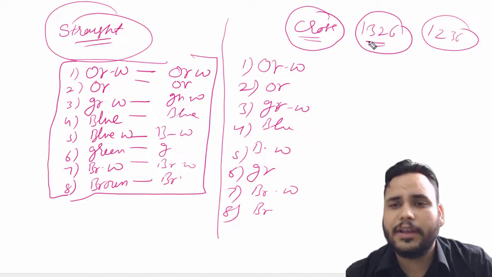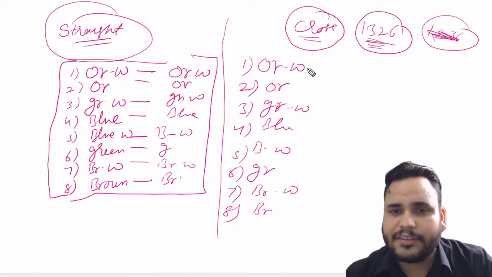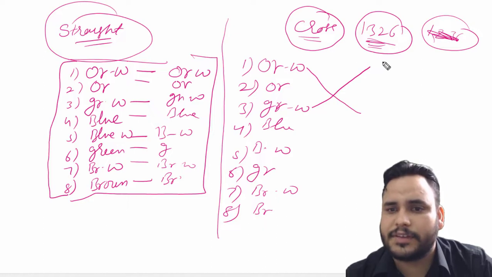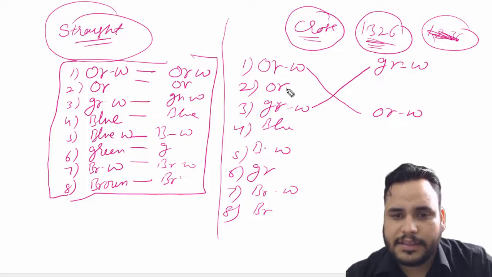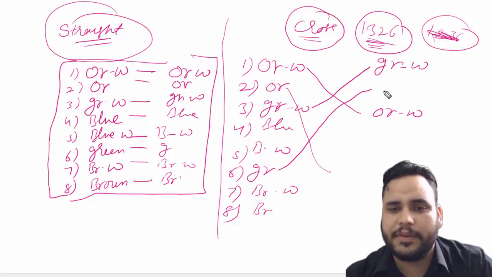So what is the meaning of 1326? I am using 1326 in my company. 1326 means the first wire is replaced with the third and the third is replaced with the first. So green white comes at the first place and orange white comes at the third place. The second wire is replaced with the sixth and the sixth with the second.